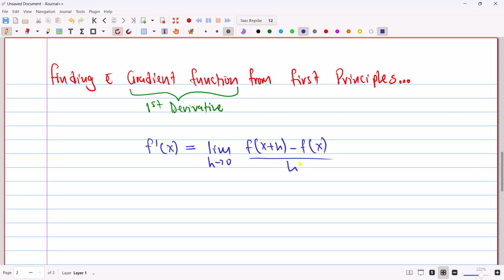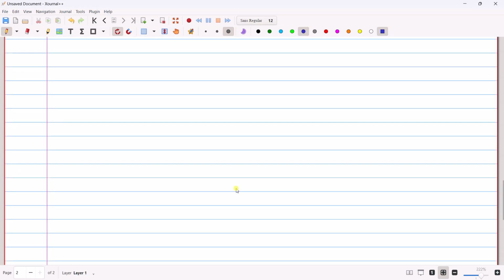So we now know that every time you come across a question which says, can you obtain the gradient function of this particular function from first principles, then you have to make use of this definition to obtain that first derivative. So that's what we are going to learn at this point in time. To understand how this works, we are going to look at different examples on how to do this.